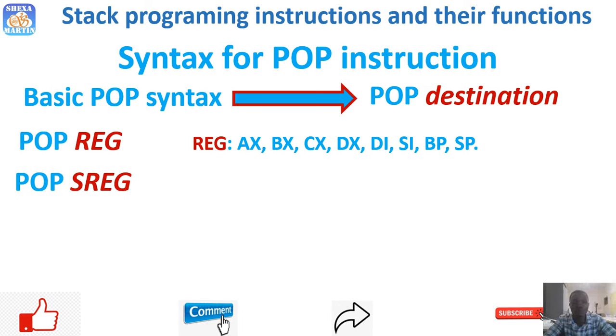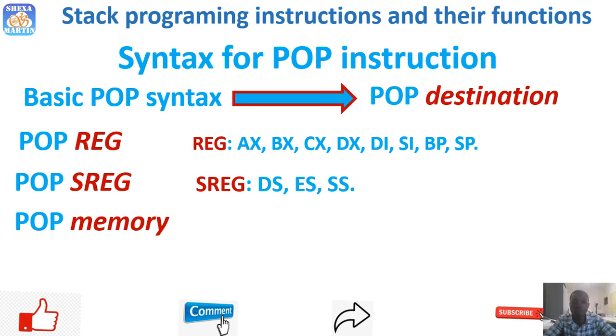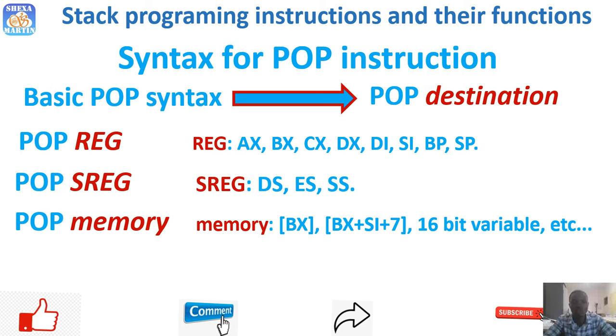You can also pop to a segment register, and these are the segment registers you can pop values to. And you can pop from the stack to memory, and these are examples of memory addresses you can use as destination to store the values popped from the stack.